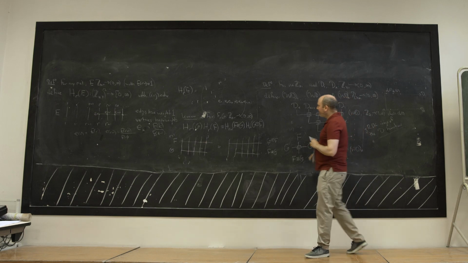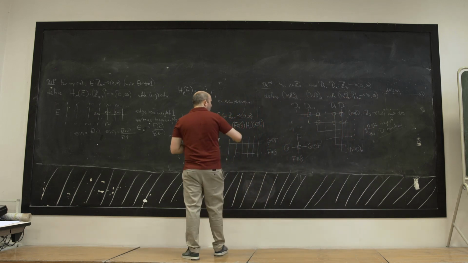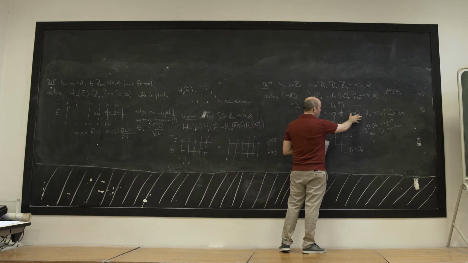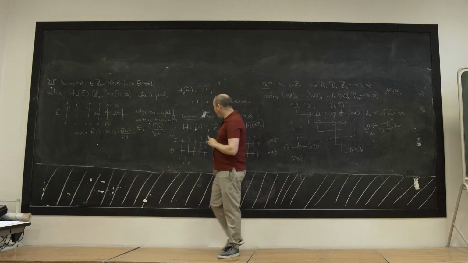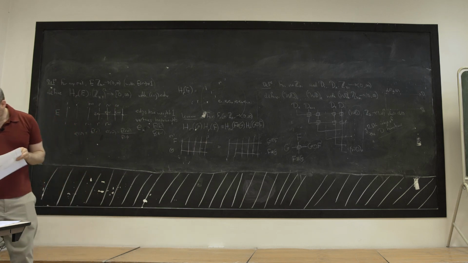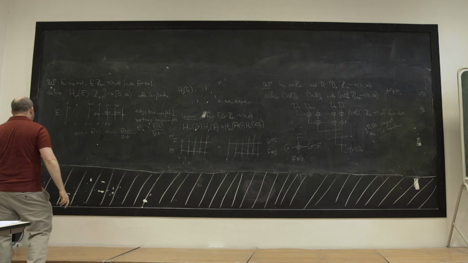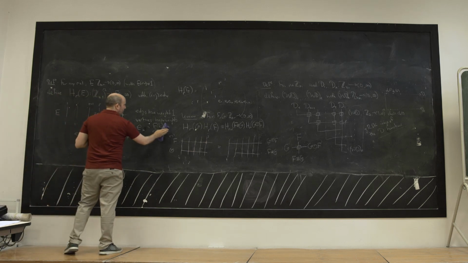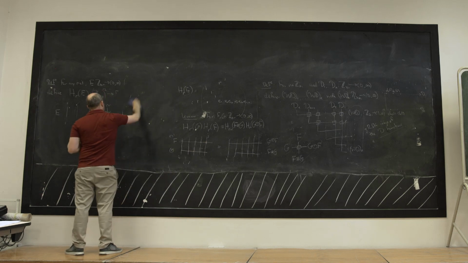But we can use this lemma to rewrite the meaning of these WDs in terms of paths, in terms of partition functions, and that's what I want to describe. I'll leave the lemma and erase the definition.